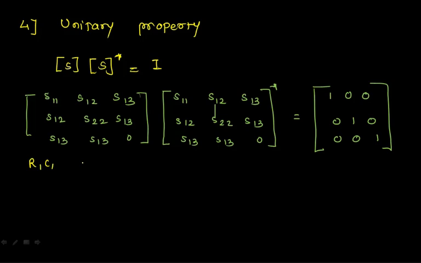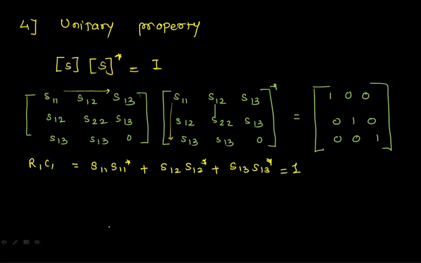Okay, so if you are interested in R1 and C1, which is the first row of this and the first column here, I can write S11 S11 complex conjugate plus S12 S12 complex conjugate plus S13 S13 complex conjugate, which is nothing but 1. Okay, so I can write mod S11 square plus mod S12 square plus mod S13 square, which is nothing but 1. Let us give this particular equation as equation number 1.